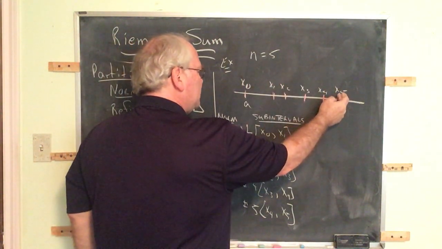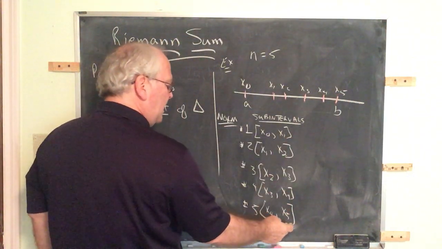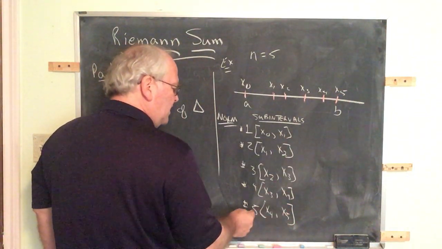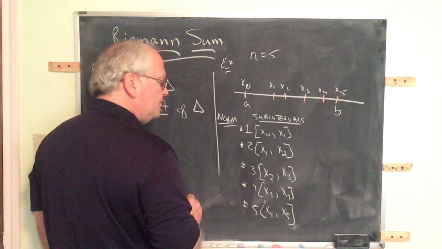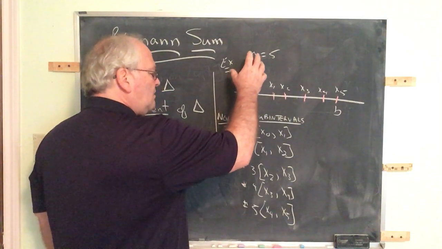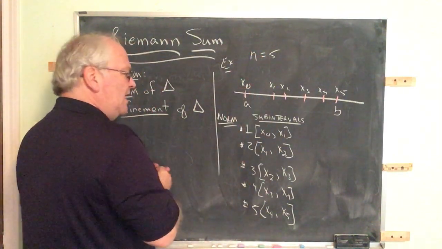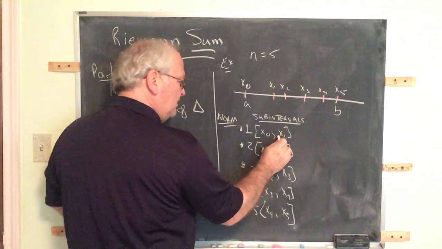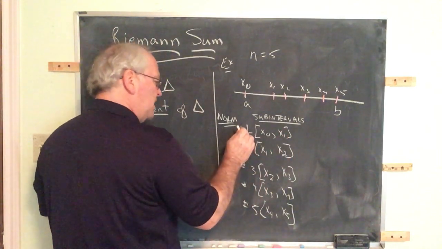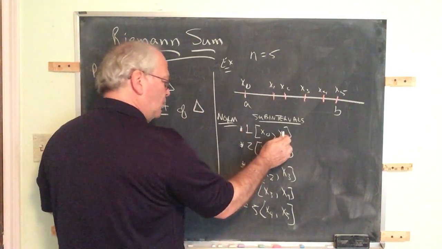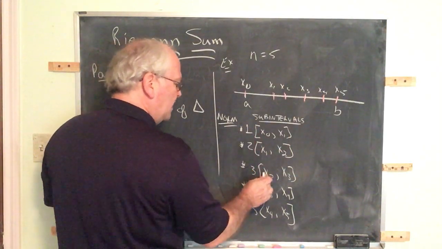This would have been x6, which means the last interval would have ended at x6. And so the number of the subinterval doesn't match up well. And so for that and a few other technical reasons, we start at 0, and then the subscript of the right endpoint corresponds to the number of the subinterval. x0, x1, interval number 1. Interval number 3, x2, x3.